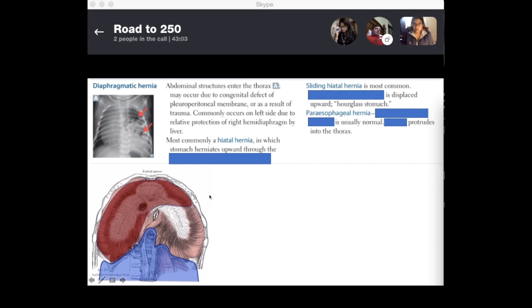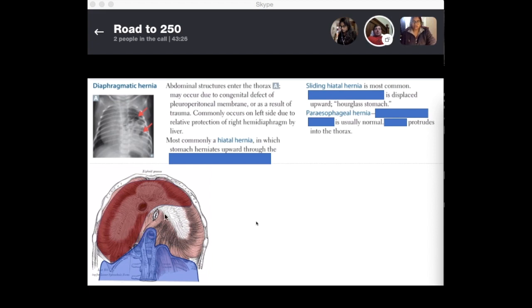Okay, so within the diaphragmatic hernias, we have subtypes as well. The most common being a hiatal hernia, in which the stomach herniates upward through the what? GE junction.